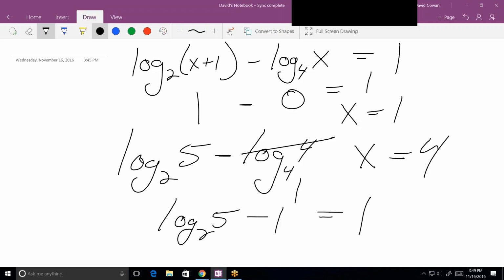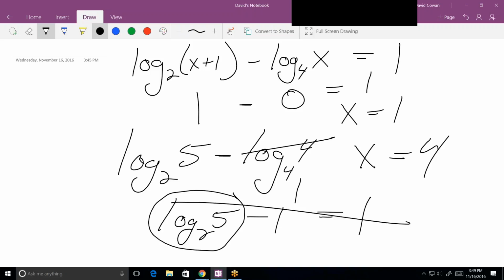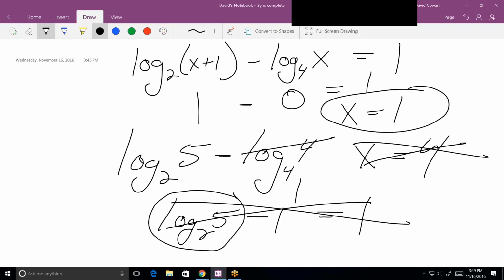Could that possibly be equal to 1? Well, it can only be equal to 1 if that was equal to 2. And that's not equal to 2. Log base 2 of 4 is equal to 2, but log base 2 of 5 is more than 2. So that's not a true statement. That's got to be our only solution. Now, I came up with it a bit oddly.